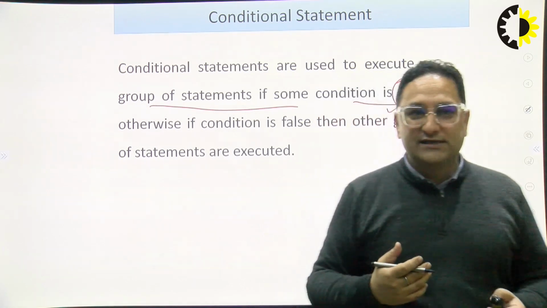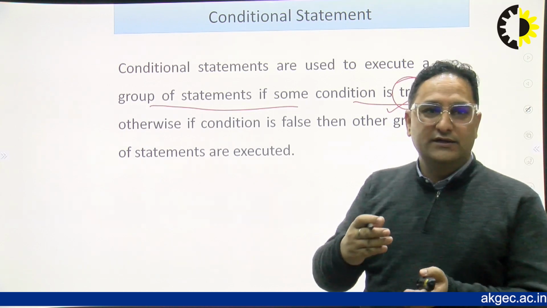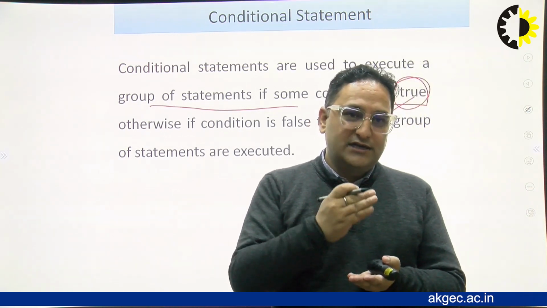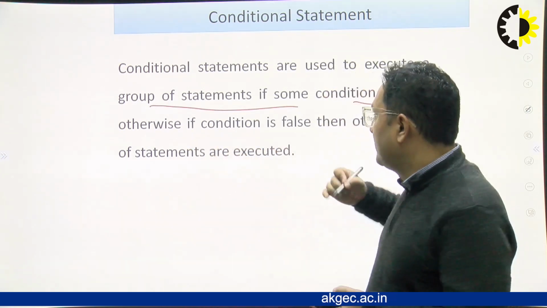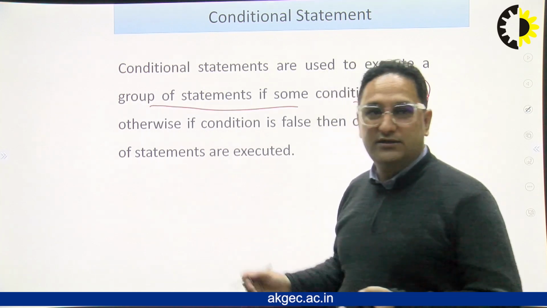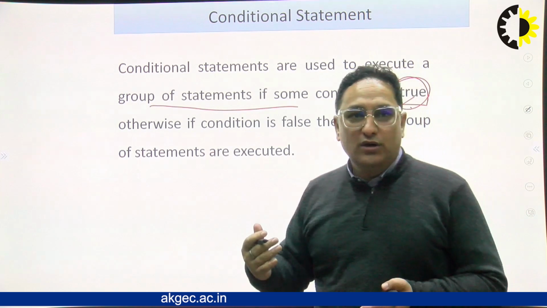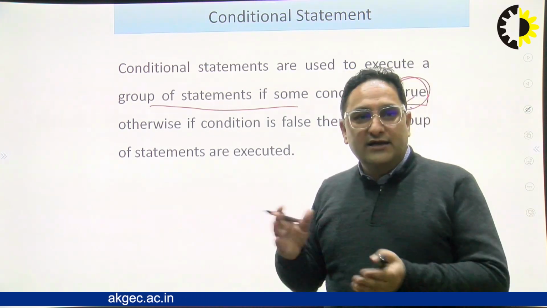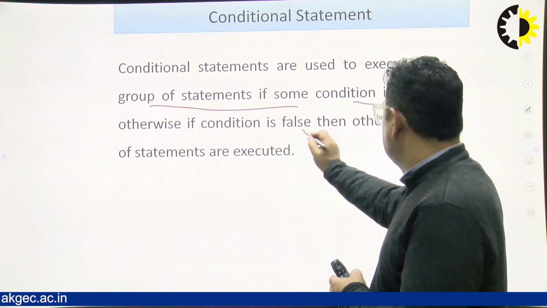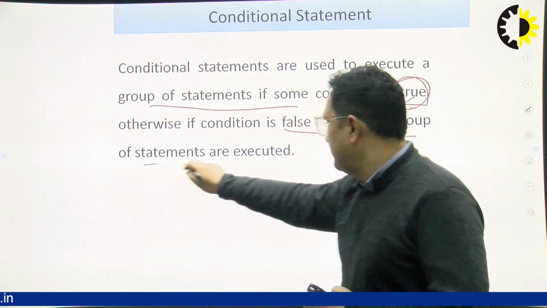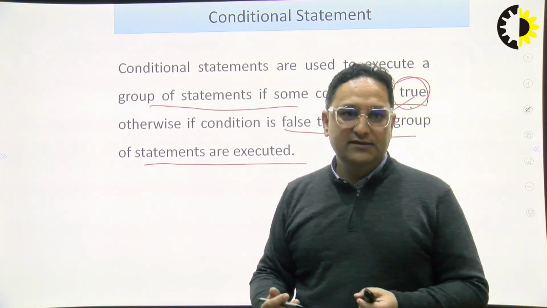Whenever you say that this set of code needs to be executed based on certain conditions when it is true, then we apply conditional statements for the condition which we have mentioned and which we think needs to be true. But if it is false, then we have an alternative branch of code to get executed. If it is false, then another group of statements is executed, right?